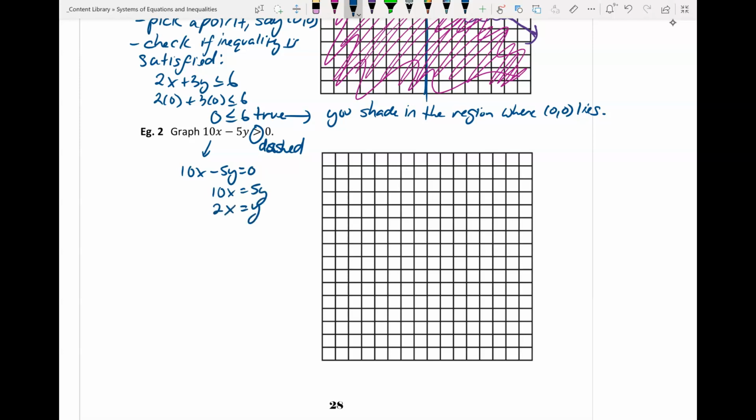So we're going to graph 2x, but when we do this, we're going to make sure we draw a dotted line or a dashed line instead. So we're going to have a point at 0, 0, then our slope is up 2 over 1, up 2 over 1, it continues. Just connect it through a dashed line, something like that.